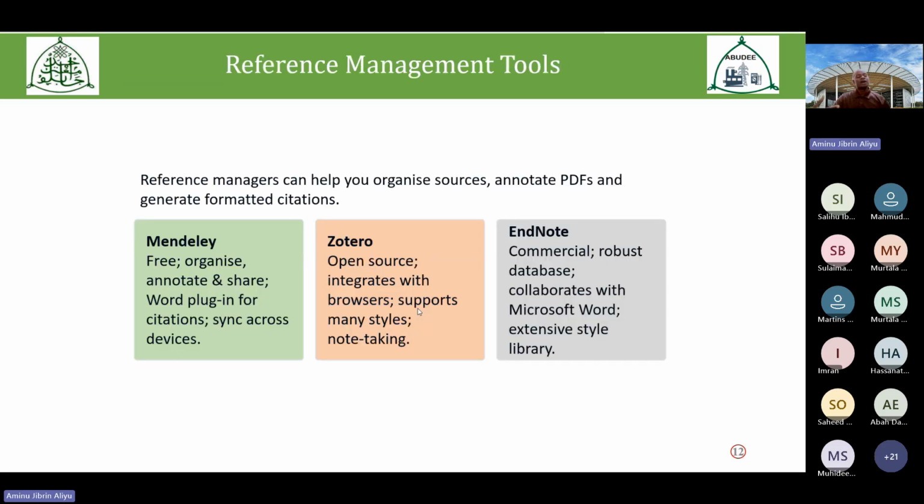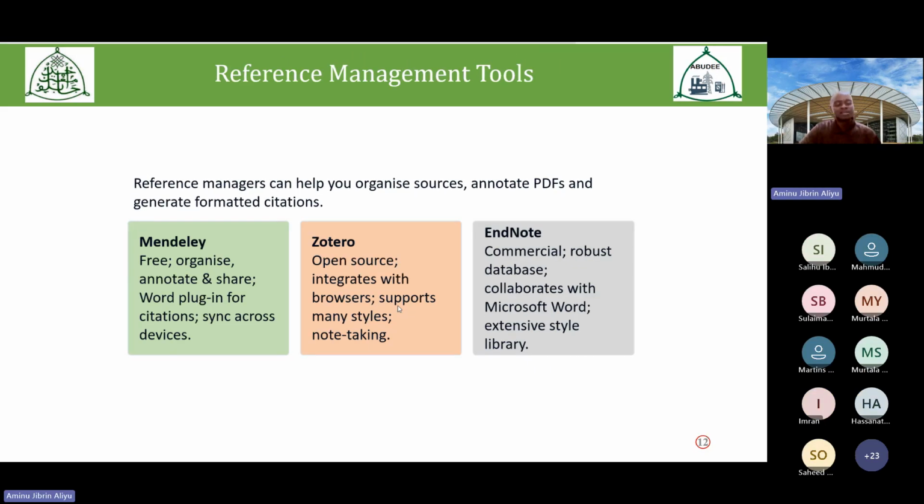To manage all these details efficiently, we need tools, because like you can see, most of the referencing styles have their own different formats. So there are reference managers that enable us to reference and cite our sources efficiently. These reference managers are very essential and they help us to organize our sources.